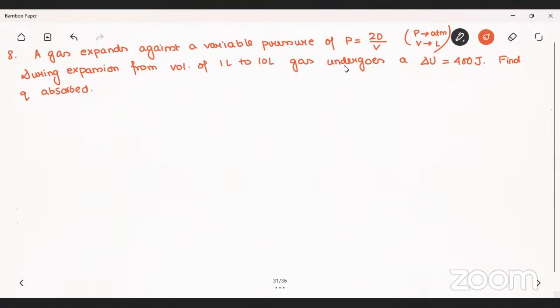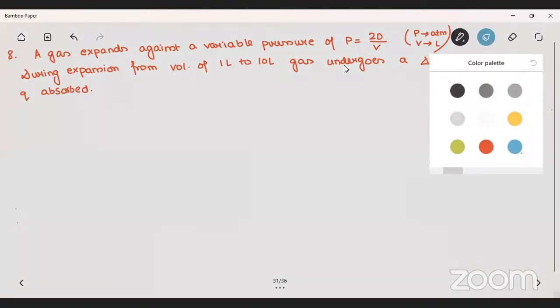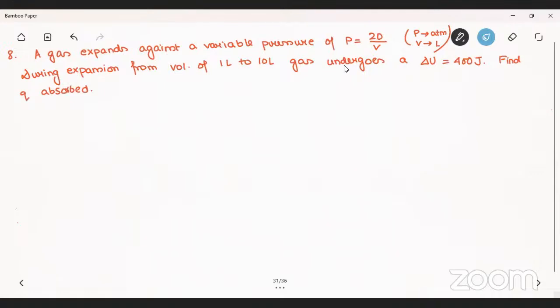Now, this sum can look tricky to you, but in the sum there is a keyword: variable pressure. For reversible or irreversible, I told you that you will be getting this keyword, variable pressure.